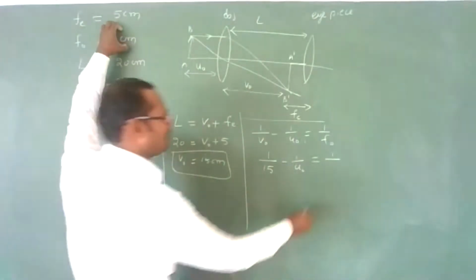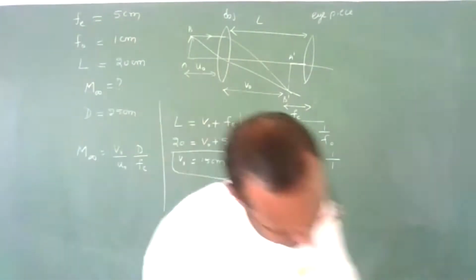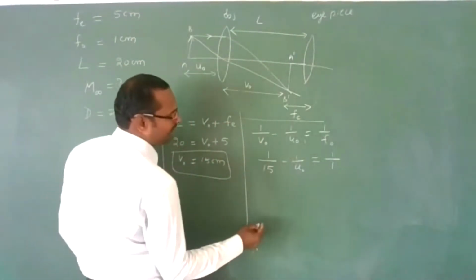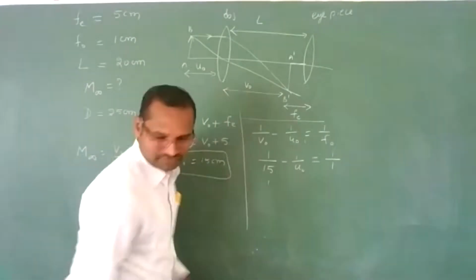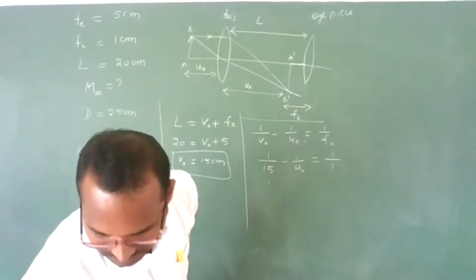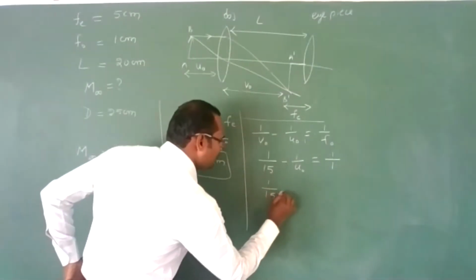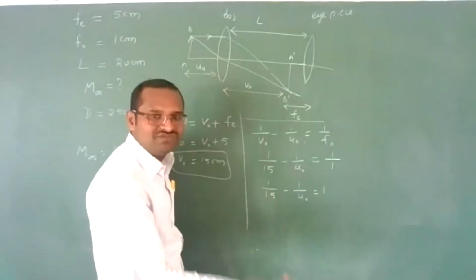F naught is 1 centimeter, 1 centimeter only is given, no? Yes, 1 centimeter. So 1 by 15 minus 1 by U naught is equal to 1 by 1, which is 1.